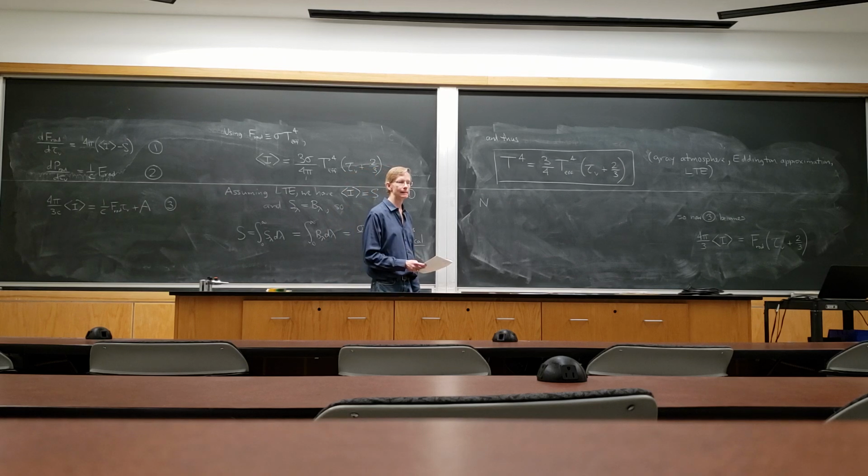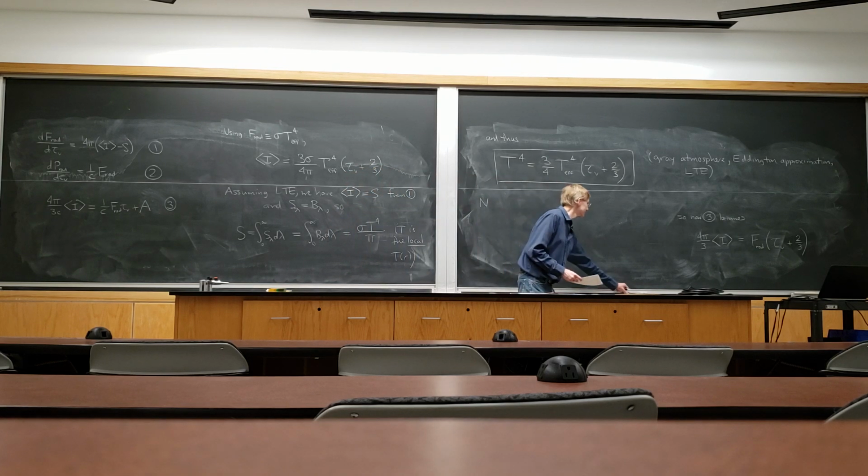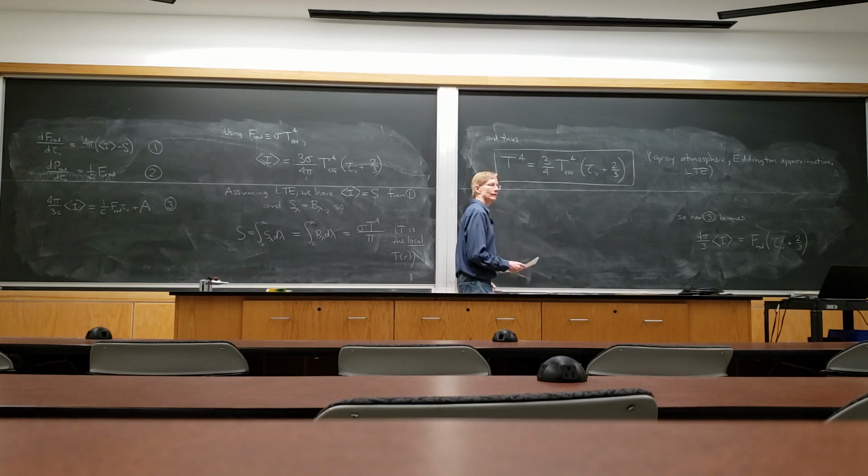So this T is a function of both R and tau sub V. Well, remember that tau sub V and R are just different ways of expressing position below the surface. So it's not a function of both of them. It's a function of take your pick of them, because tau V is a function of R.